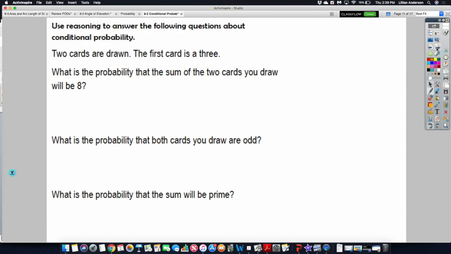There's 4 cards in the deck. So the probability that the sum of the two cards will be 8 is 4 out of 51. Not 52, because we took out this 3.